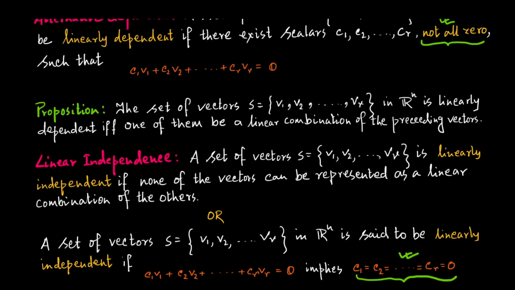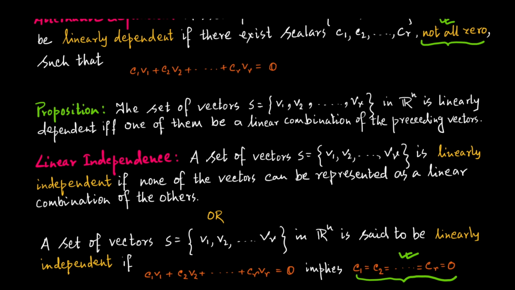This will be very useful in solving problems, that is, finding whether a set of vectors is linearly dependent or independent. You form this kind of linear combination, equate that with zero and solve the system. If you get all your constants as zero, then you can understand that your set of vectors is linearly independent, or otherwise, if you get some non-zero constants as a solution, then you will understand that your set of vectors is linearly dependent.